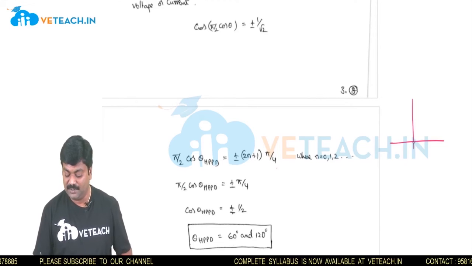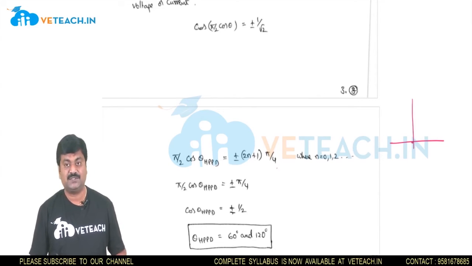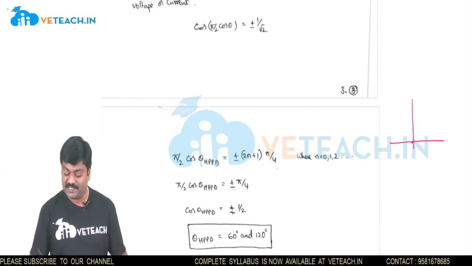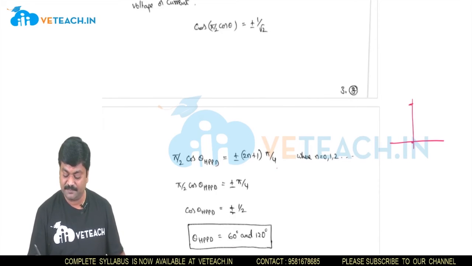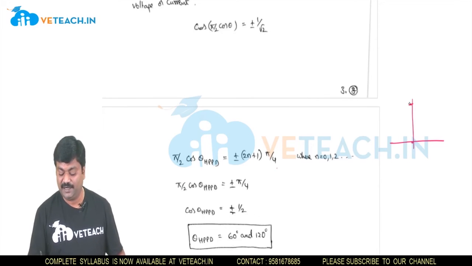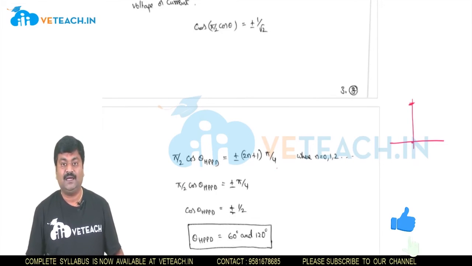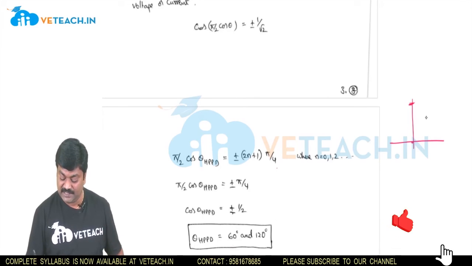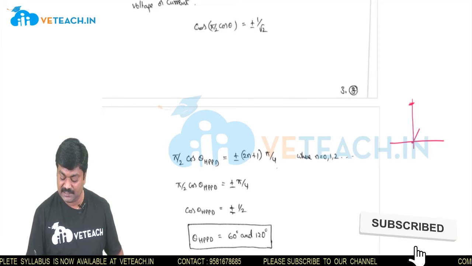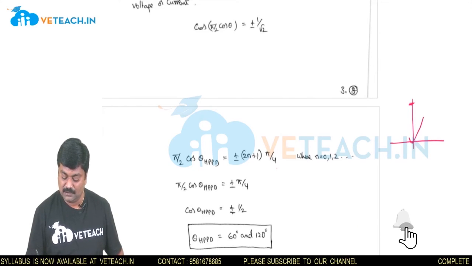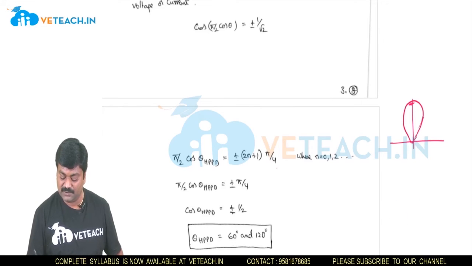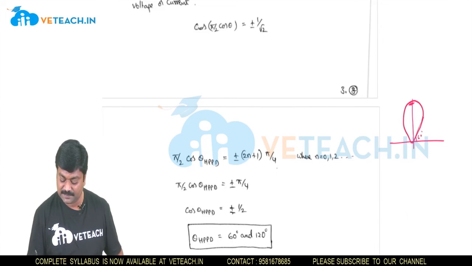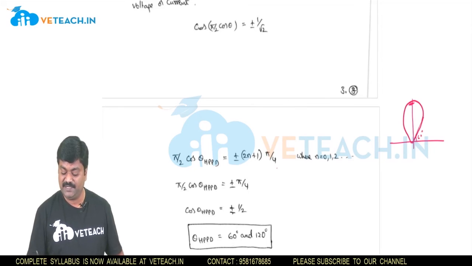The minimum is at 0 and 180 degrees, so I will consider 0. The maximum radiation is attained at 90 degrees, so I will mark a dot here. And the half power beamwidth is at 60 degrees, which is here. So the variation is 60 degrees, and 60 degrees will be here.